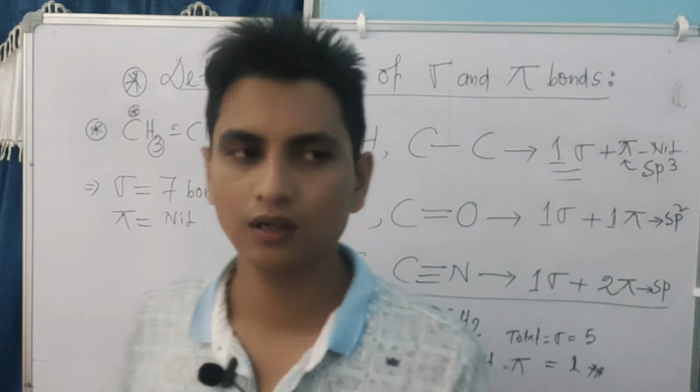For this one pi bond, sp2 hybridization takes place. That means this carbon atom is sp2 hybridized. In the next class I will discuss what hybridization is, which should be studied under the chemical bonding chapter.